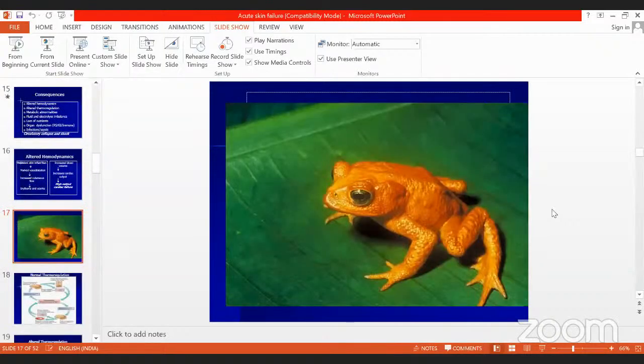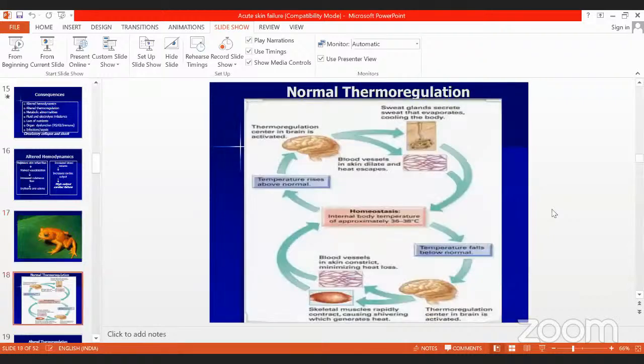Why have I put this picture here? This frog is here because frogs are known to be poikilothermic. If anybody knows, poikilothermic is basically an organism which takes the temperature of its surroundings. So I told you the second thing that suffers when you have acute skin failure is loss of thermoregulation.